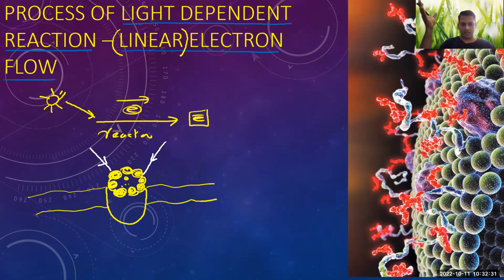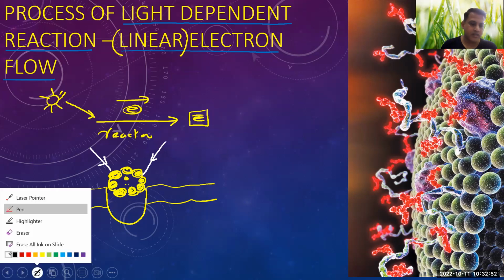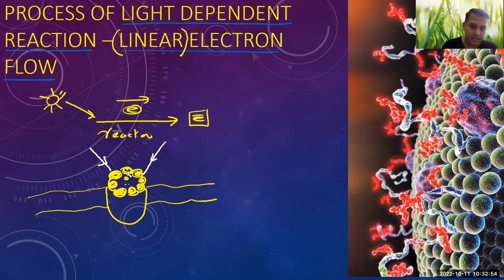Finally, light energy is taken up by the pigments. When light energy is taken up by the pigments, all this energy is channeled to the reaction center. Where is the reaction center? The reaction center is in the middle.